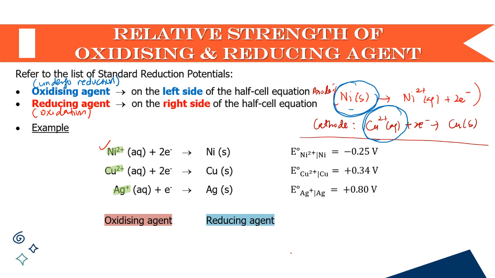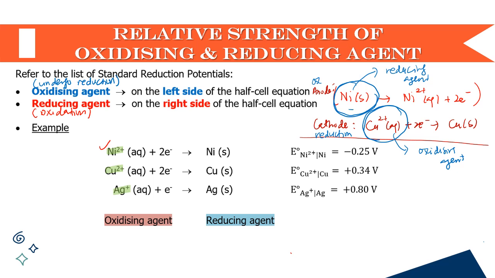It's just that since this is oxidation, this is a reducing agent because it is used to make sure that copper 2 plus undergoes reduction. At the cathode, reduction, copper 2 plus is called the oxidizing agent. Why? Because it is to ensure that the nickel over here will undergo oxidation.